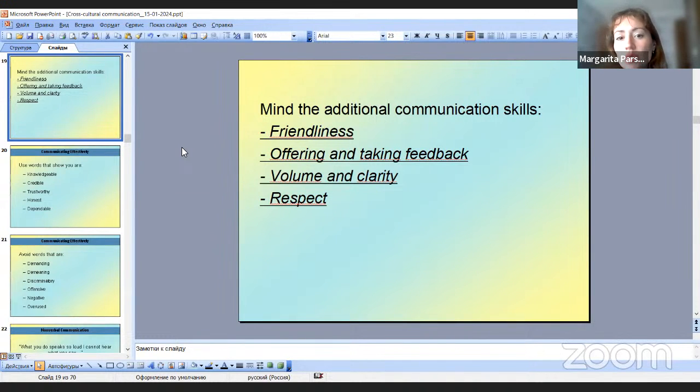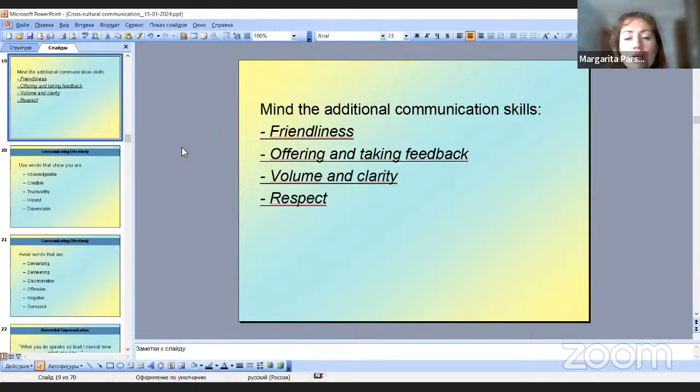Even in business communication and daily life communication, friendliness is good for better understanding each other. When you show your friendliness, the other person will be able to listen to you and understand you better.